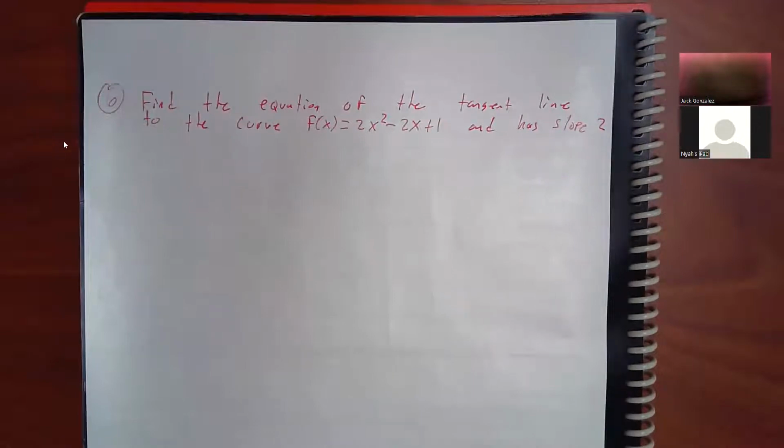Find an equation of the tangent line to the curve f equal to 2x squared minus 2x plus 1.